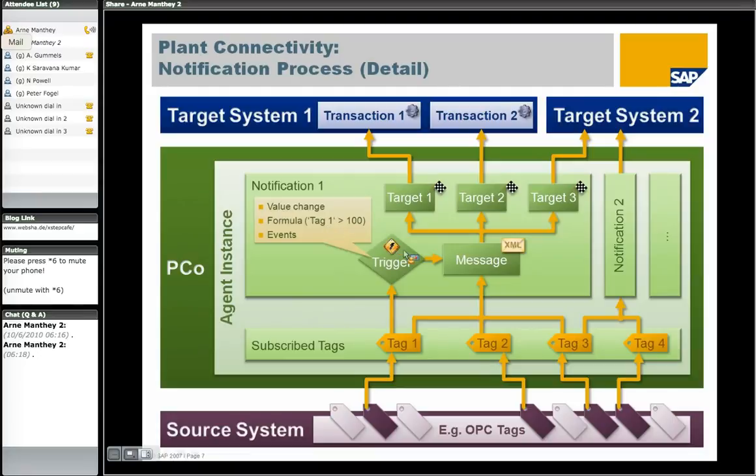Once this trigger is true, a predefined message, which you have defined before, with certain tags put into this message as an XML preformat, is filled with all the real values and sent to, well, most of the time one target, but you can also set up multiple targets here. And you can set up multiple notifications per agent instance.